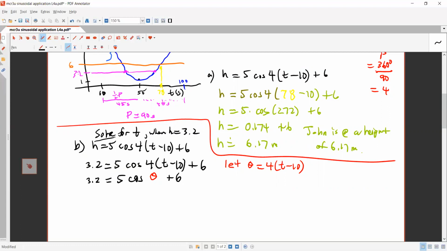Not deal with that 5, but deal with that 6. So I'll subtract 6 from both sides, and what do we get? We get negative 2.8 equals 5 times cosine theta. What do we do next? I think everyone agrees. Divide both sides by 5. So we get cosine theta is equal to negative 0.56.